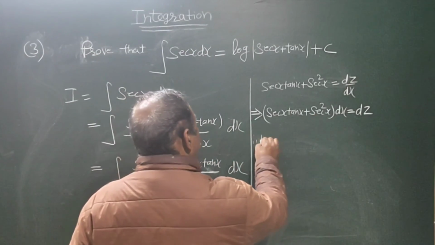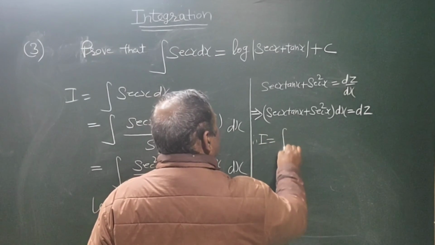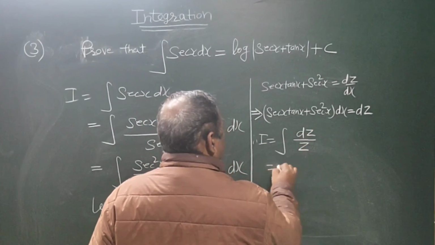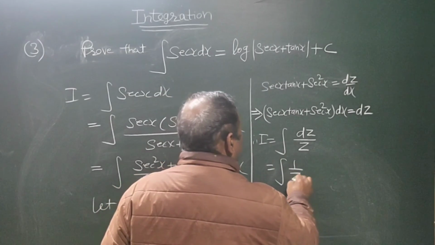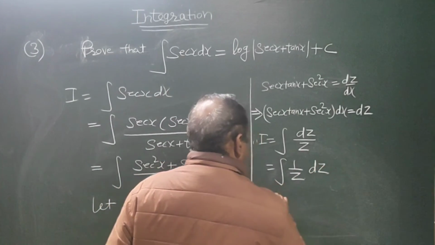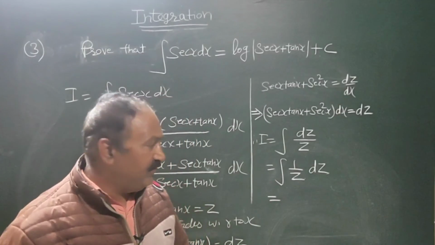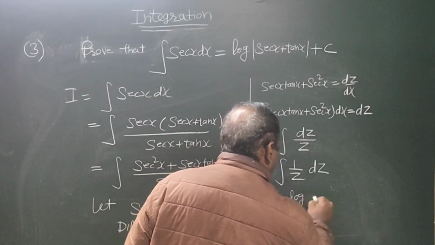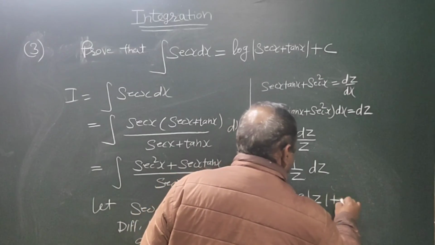Hence, our question becomes integration of dz upon z, that is 1 by z into dz, which is equal to log of z modulus plus c.